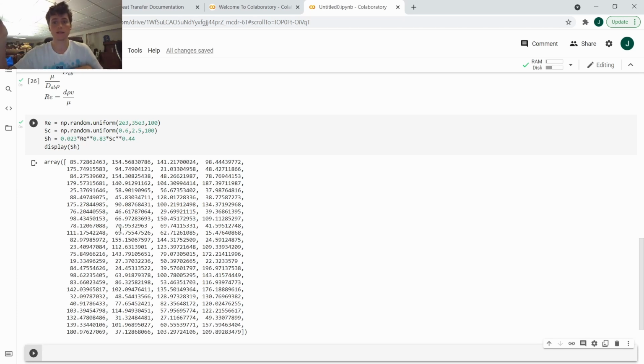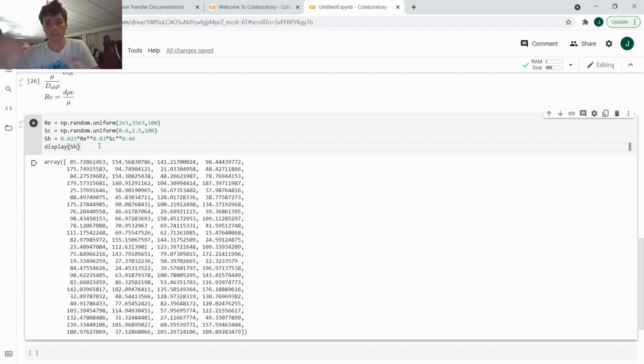But that doesn't describe all their data points. It's just the best model that minimizes the difference between experimental data and what the model predicts. So using these, we can introduce experimental error to get a list of 100 Sherwood numbers that would be similar to what Sherwood and Gilliland would have come up with.